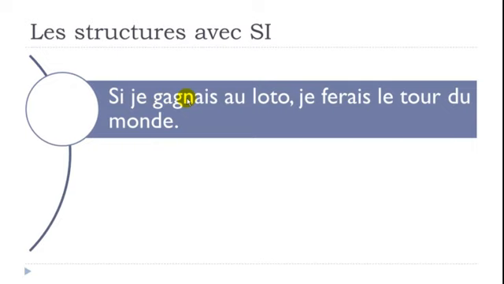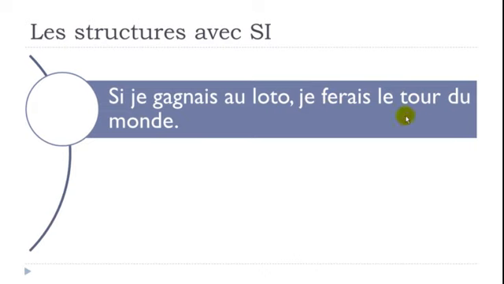Si je gagnais au loto, je ferais le tour du monde. Si je gagnais, gagner is to win, au loto, je ferais, the conditional form of faire, so I would do, le tour du monde.